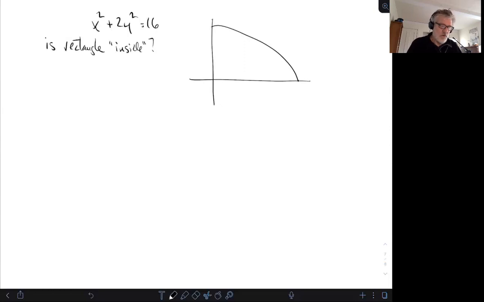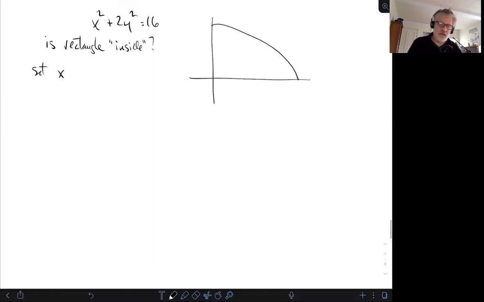So here's the trick. Let's play with this just a little bit. We'll set x equals 0 in here, okay? We're going to get y squared equals 8, which means that y is square root of 8. So this is the point here, it's square root of 8.